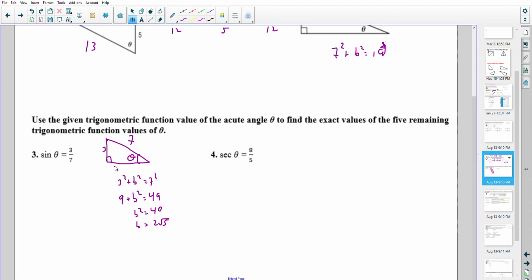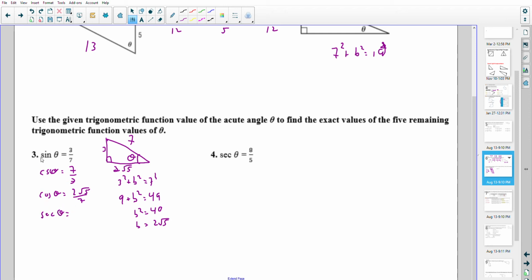So now 2 square roots of 5 is that third side, which means I can write down the cosecant, which is equal to 7 over 3. It's the reciprocal. Then I can go and get the cosine of theta. I'm just going to leave these in non-simplified form. 2 square roots of 5 over 7. That tells me that the secant of theta is the reciprocal.